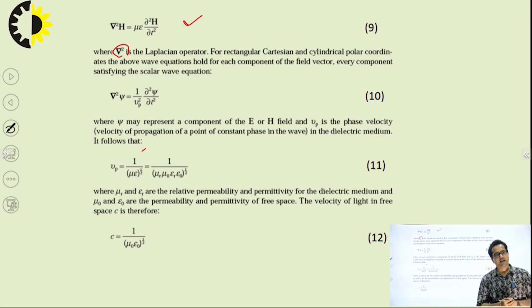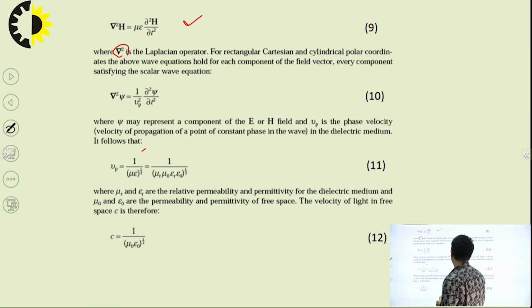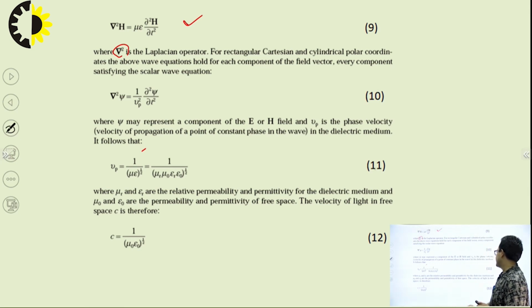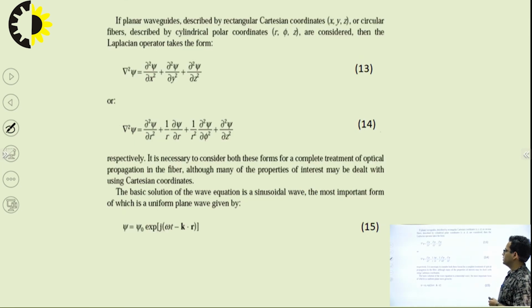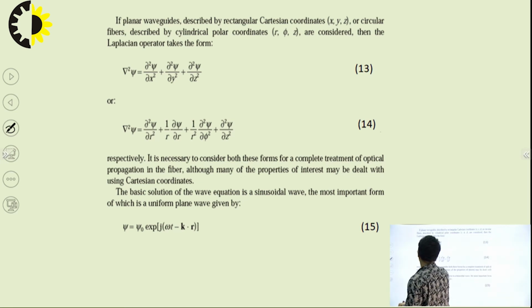Similarly, permittivity can be expressed as absolute permittivity and relative permittivity. If we are talking only about free space, then the velocity of light in free space is written as c equals 1 upon the square root of mu 0 epsilon 0, that means the absolute permeability and absolute permittivity. So this is the final wave equation that we will get.